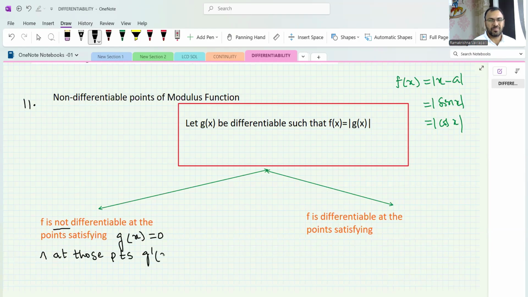Remember, g of x equal to 0 and g dash of x not equal to 0.